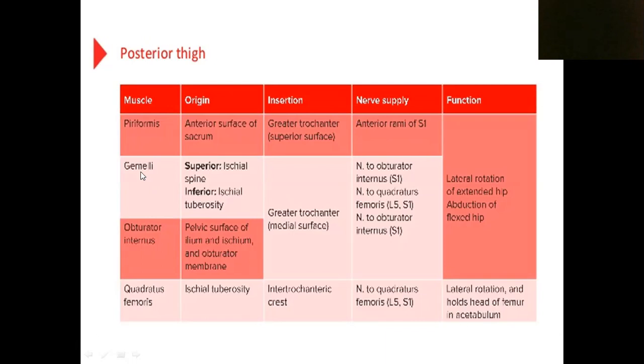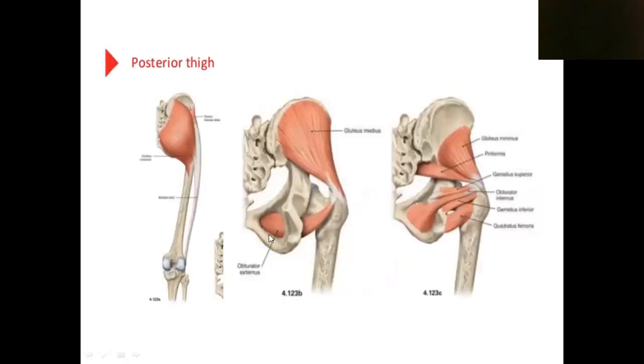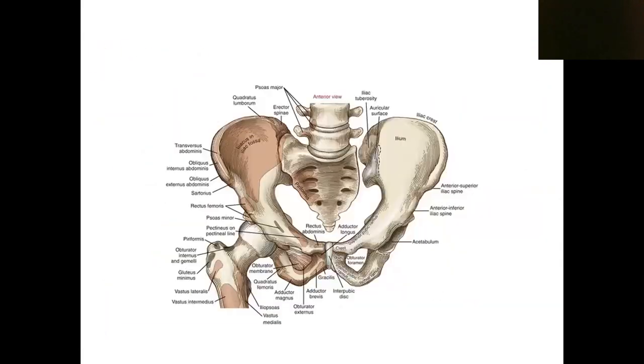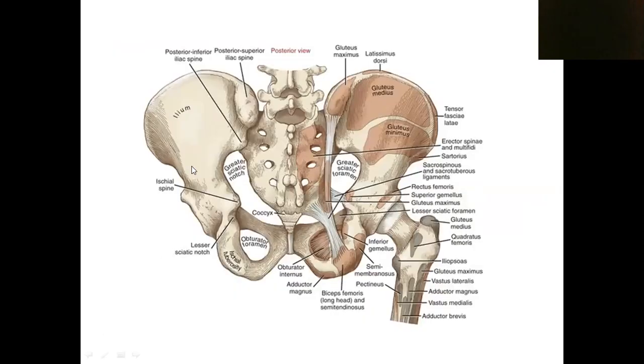Now the gemelli muscles. I told you we have two gemelli muscles, superior gemellus and inferior gemellus. Superior gemellus arises from the ischial spine, and inferior gemellus arises from the ischial tuberosity. In this image we can see both.